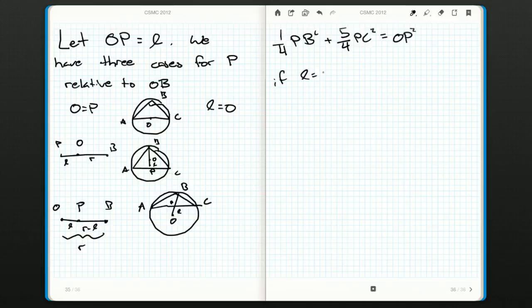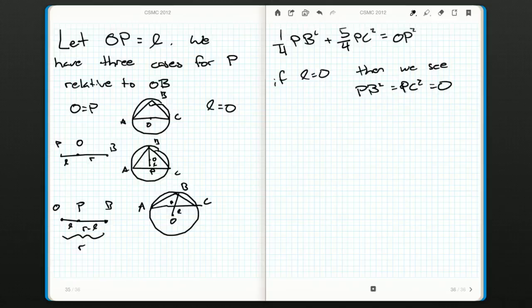Okay, if L equals 0, then pretty quickly we get PB is equal to PC is equal to 0.